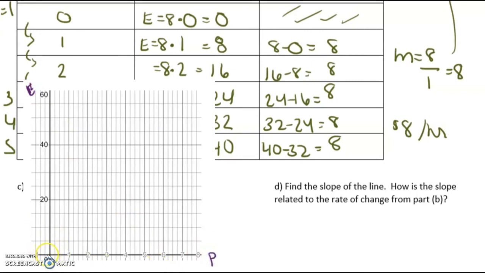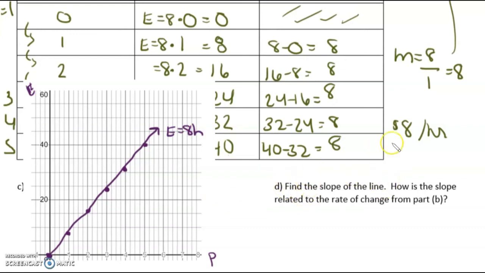Okay, so if she works 0 hours, she gets $0. She works 1 hour, she gets $8. 2 hours, $16. 3 hours, $24. 4 hours, $32. 5 hours, $40. Okay, so this is earnings equals 8 times h.